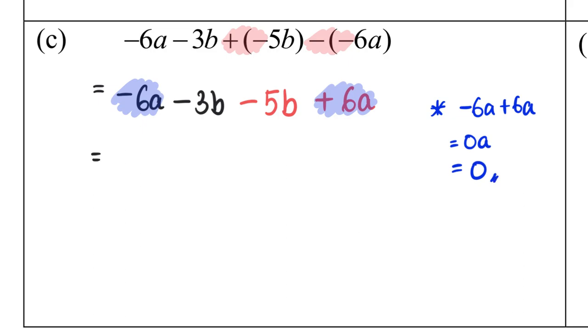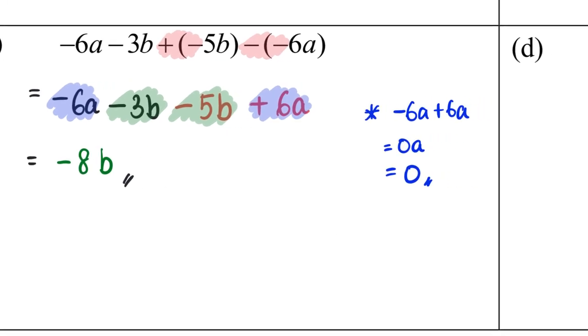Okay, so when there's 0, we don't have to write it down. And so for this particular question, you will see the final answer has negative 3b and negative 5b. So altogether, how many b do we have left? Minus 3 minus 5, minus 8b. And this will be the final answer.